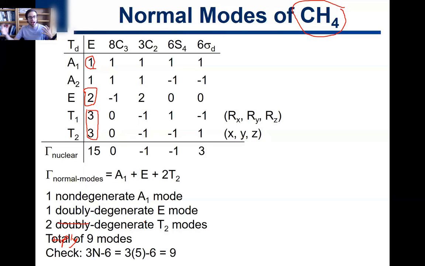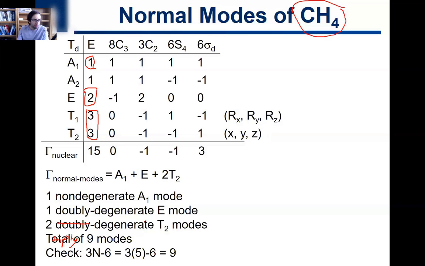The specifics of how the atoms are moving are going to be different, but it suffices to say they have the same energy and the same symmetry. And then we have 2 sets of 3 modes, not triplets in terms of peaks, and each of those 3 modes has the same energy.